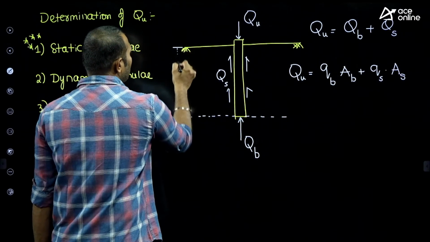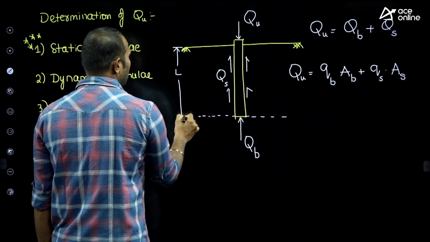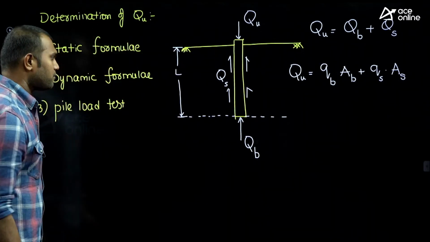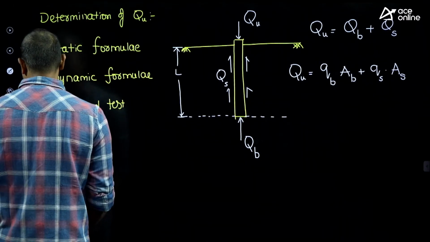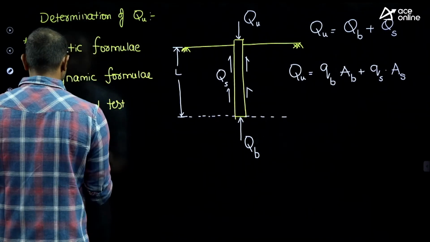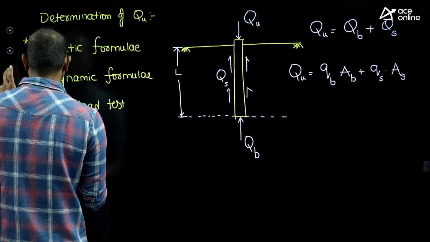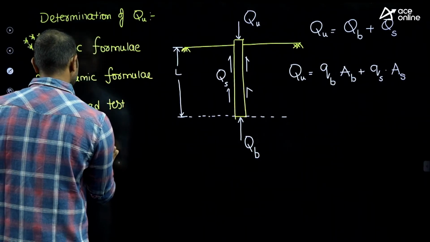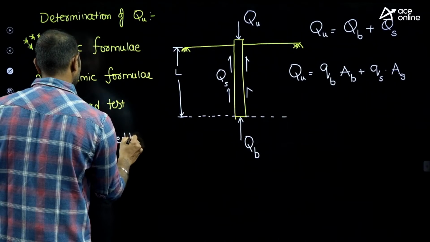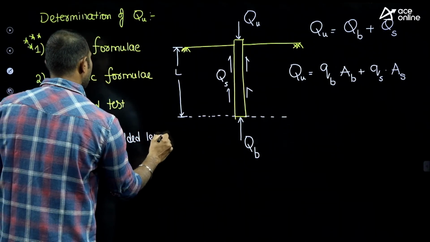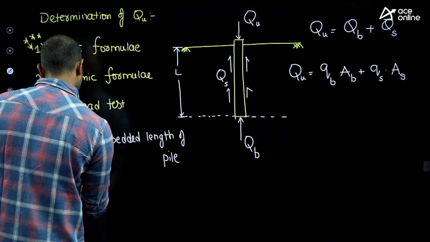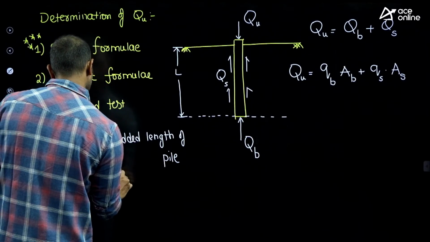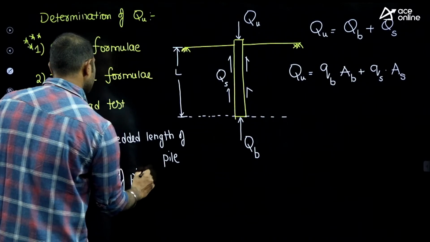L is the embedded length of the pile, and D is the diameter of the pile.